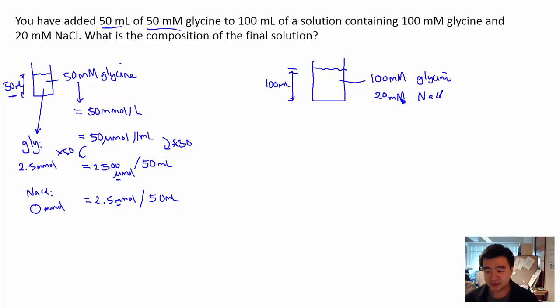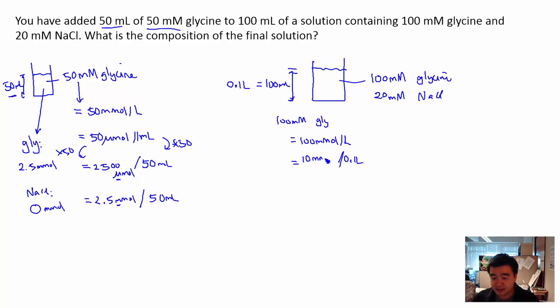Okay. Now let's do the same here. We have 100 millimolar glycine. This is equal to 100 millimoles per liter. And since we have 100 mils, which is equal to 0.1 liters, this means that we have 10 millimoles of glycine in this 0.1 liters.